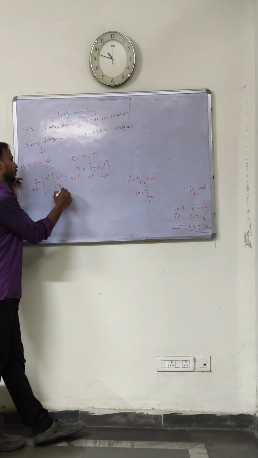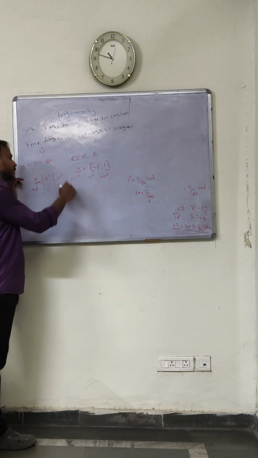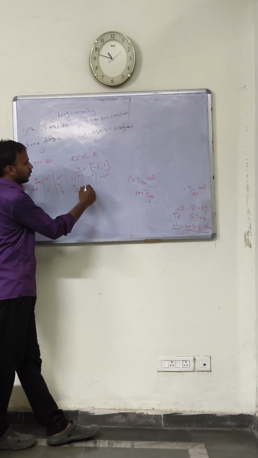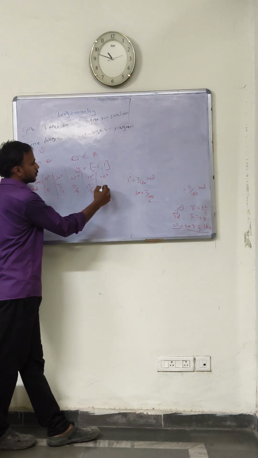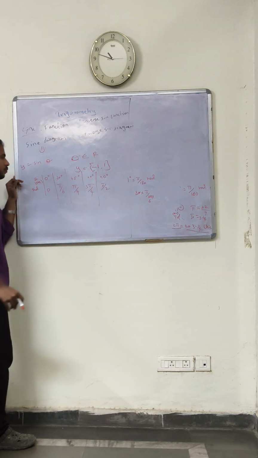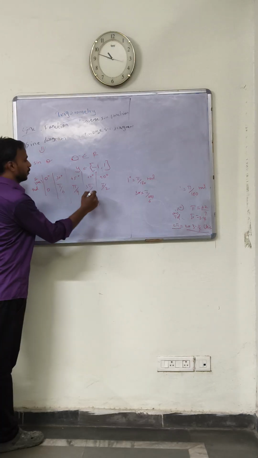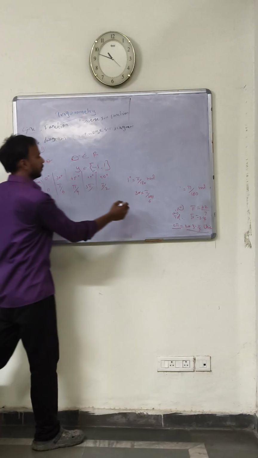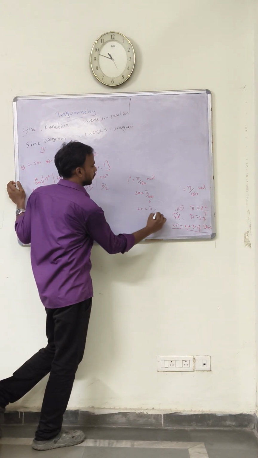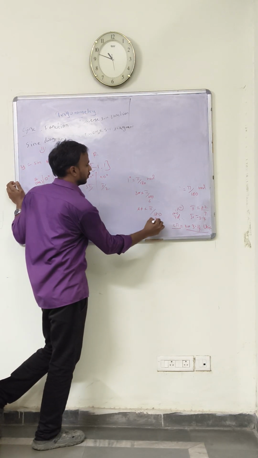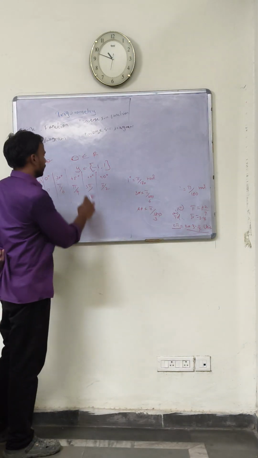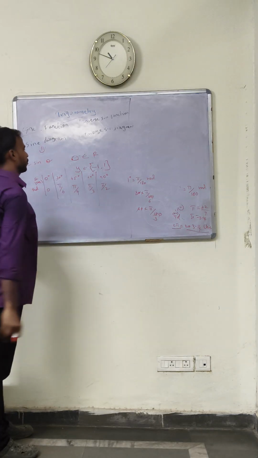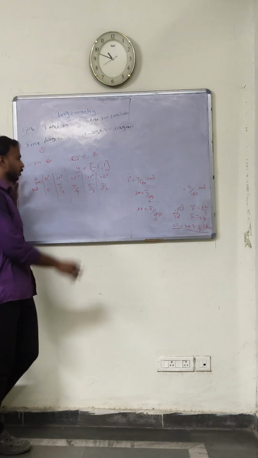So pi by 6, as we said. Next, similarly you can convert: pi by 4, here 3 pi by 4. For 60, we'll check, 60 into pi by 180, pi by 3.